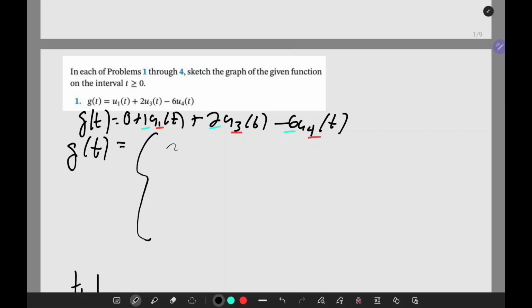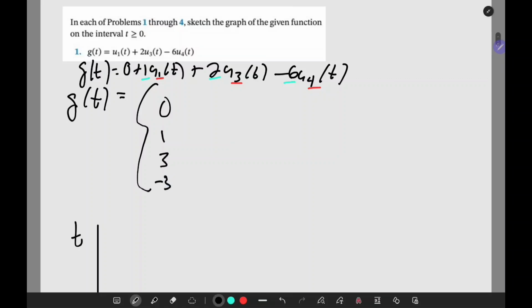So if we start at 0, we're going up 1, up 2, 1 plus 2 is 3. From there we go down 6, so we're going down to negative 3. Now intervals. 0. That's whenever t is greater than or equal to 0, it tells us.